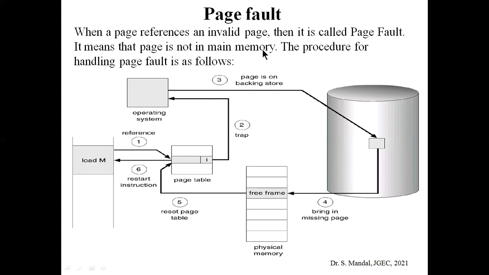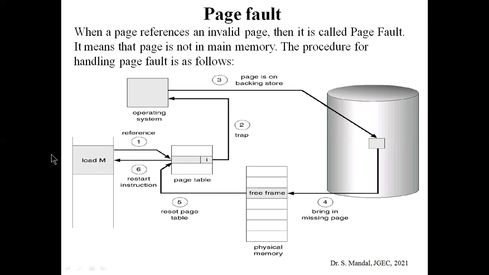So how can we load the respective pages from the secondary storage into the main memory? Suppose we want to load page number m. Suppose the CPU has requested, please load page number m, we need this.